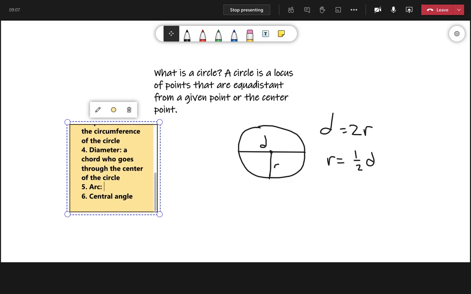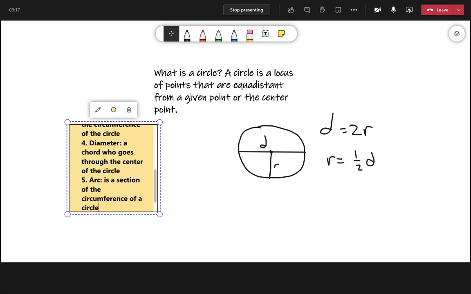An arc is a section of the circumference of a circle. And what do I mean by that? Well, let's start by drawing one out.